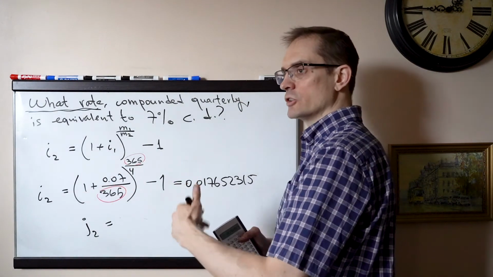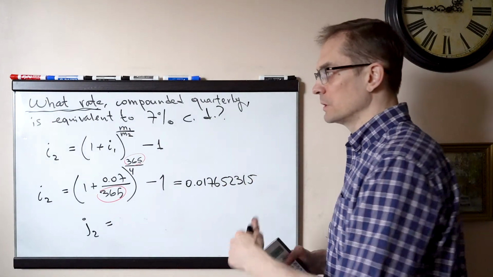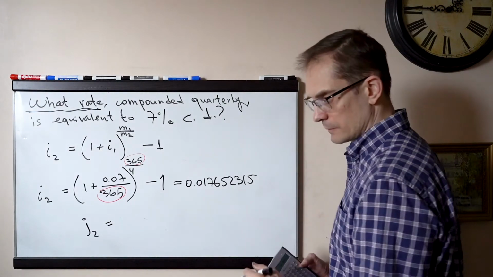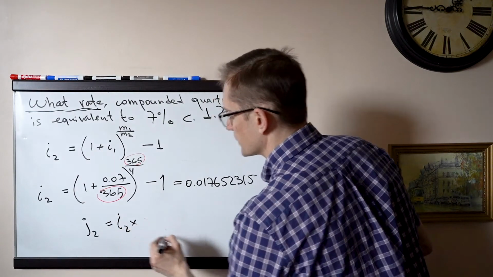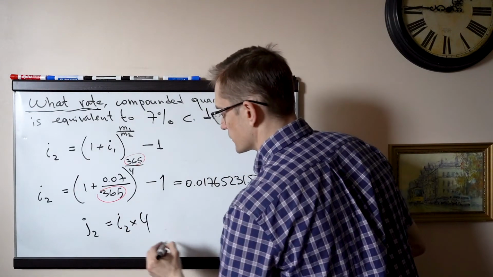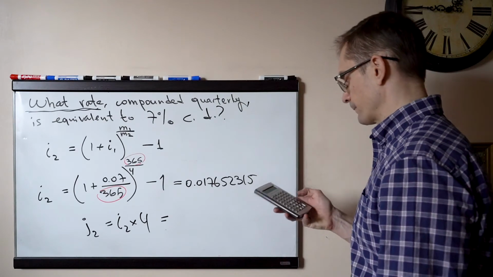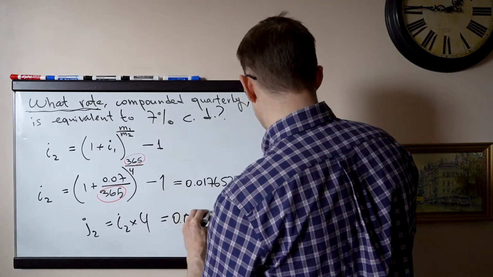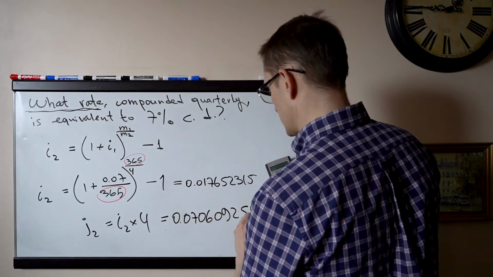So if nothing is mentioned, it's nominal rate. If periodic rate is mentioned explicitly in the problem, then you'll be looking for periodic rate. So that's the periodic rate here. So we take that I2, which is the periodic rate, and multiply by 4, because there are 4 times that it should be compounded. And the answer is 0.070609259.